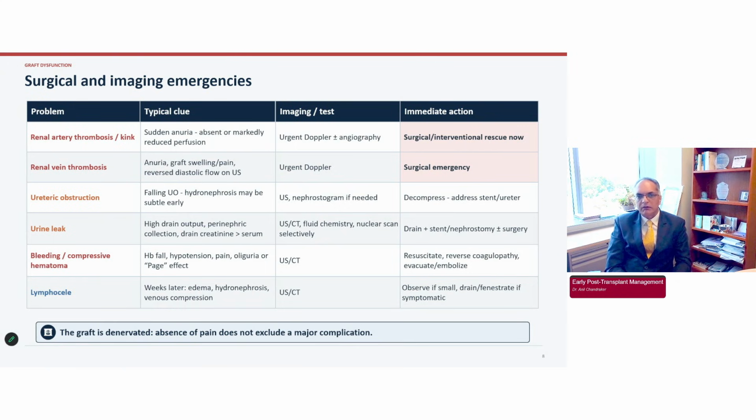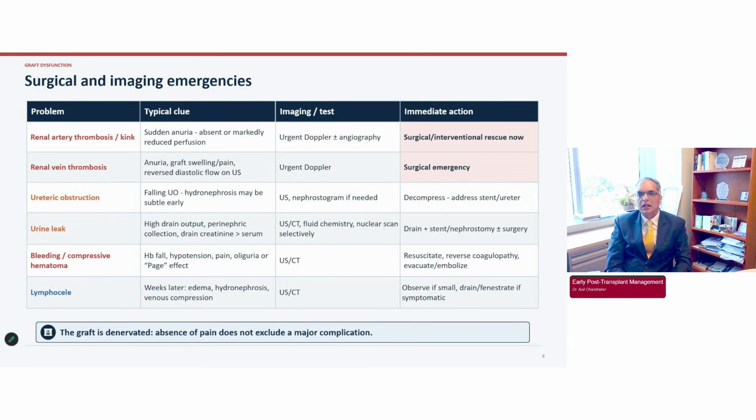Ureteric obstruction: hydronephrosis may be subtle early on, and that is because the transplant ureter is short. You may not see a lot of hydronephrosis and still have obstruction. So remember when looking at the ultrasound to be aware of that.